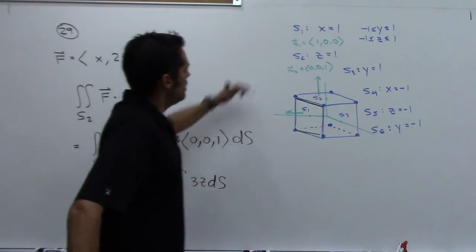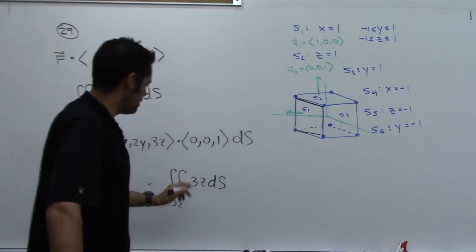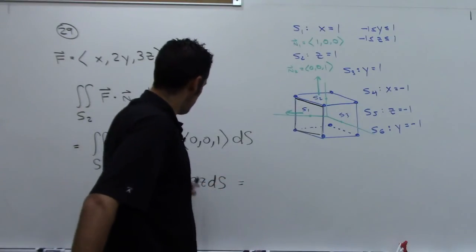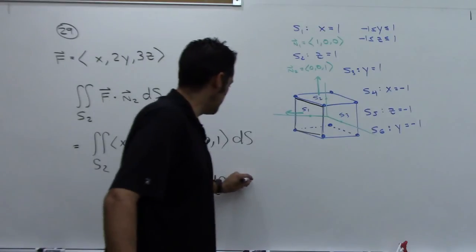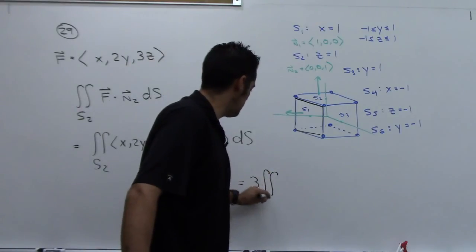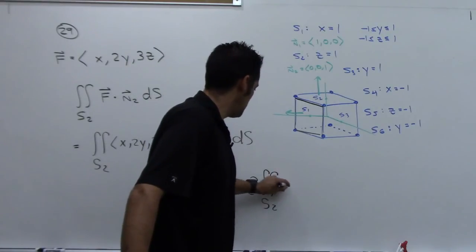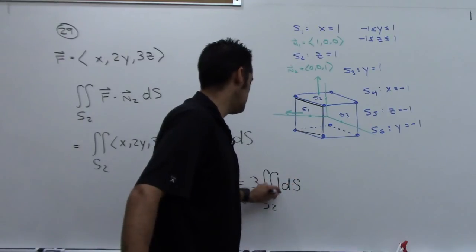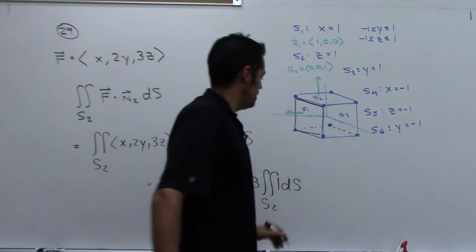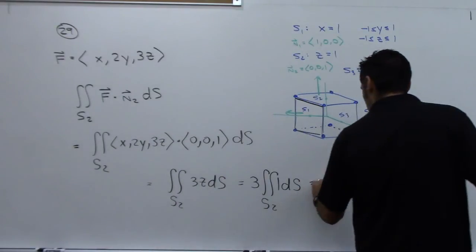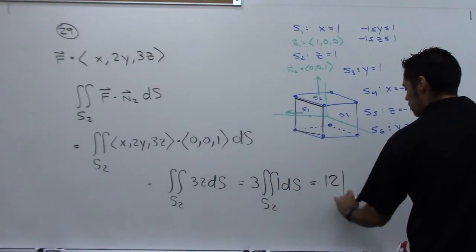But on S2, z is 1, so that's just going to become a 3 here. And then we can just factor out the 3, and we get 3 times the double integral over S2 of 1 dS, which is just the surface area. And again, the surface area is the same for all of them. So this is going to be 3 times 4, so 12 here.